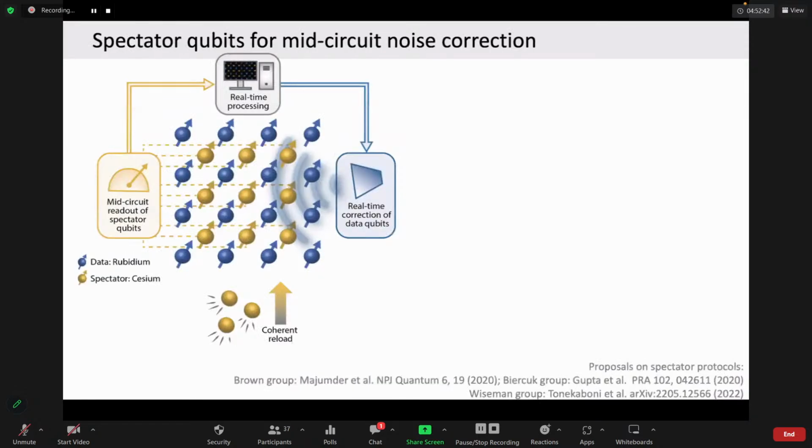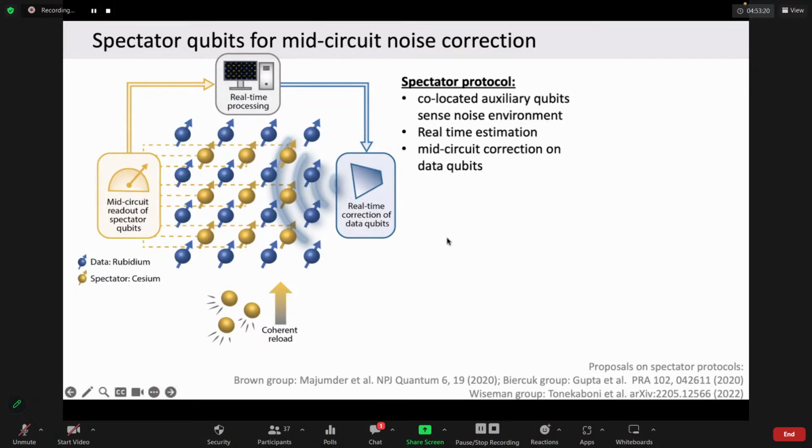So this is what in the literature was proposed theoretically by Ken Brown's group, also Mike Bierchop's group and Howard Weissman's group. And it's basically the idea that if you have a quantum simulator or quantum processor that is subject to some global noise, so noise with long correlation length, maybe you could set aside some of your qubits to monitor this noise in real time and then perform a feed forward to the other qubits, your maybe more precious data qubits, to correct for that noise.